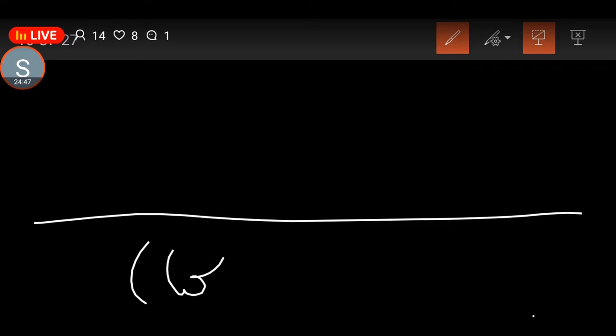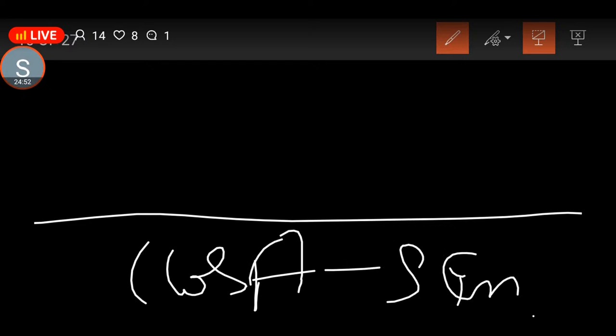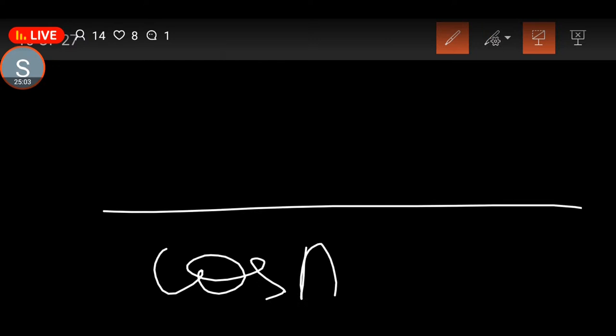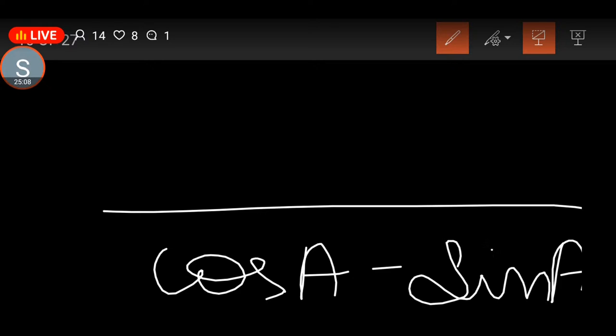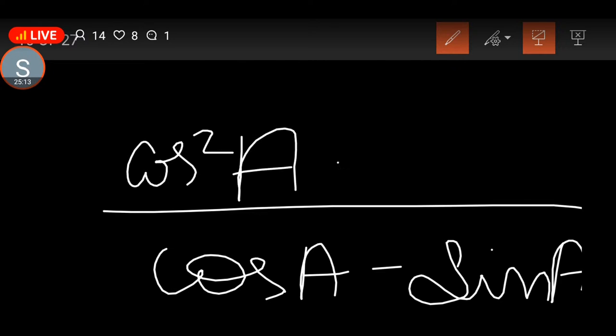If you take LCM, the both are the same, cos A minus sin A, cos A minus sin A, right? So as I said, the LCM will be cos A minus sin A. What I wrote first was wrong. This is right. Cos A minus sin A, and the numerator part will be cos square A minus sin square A.